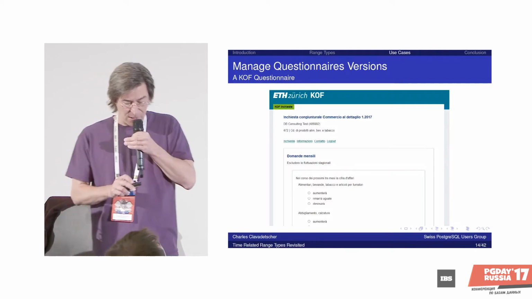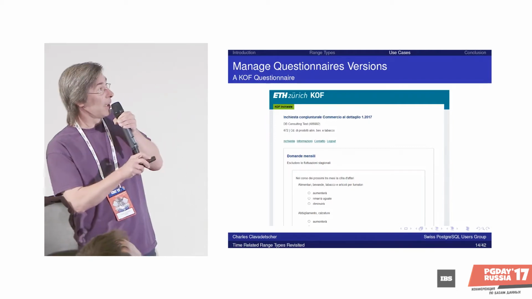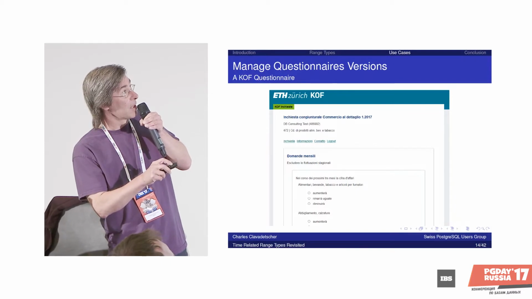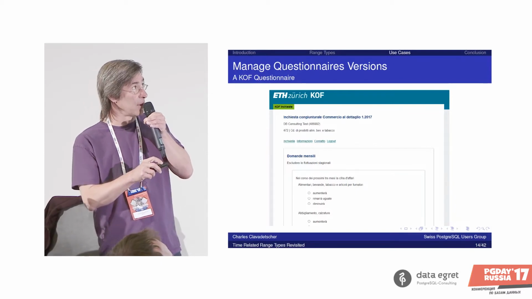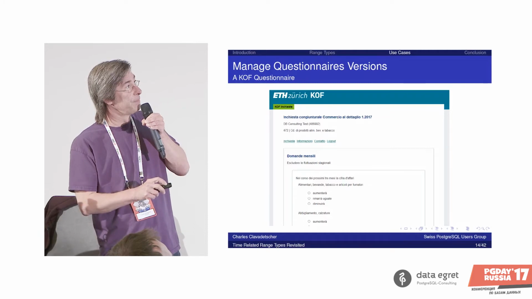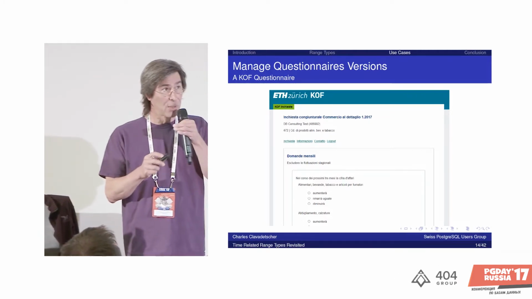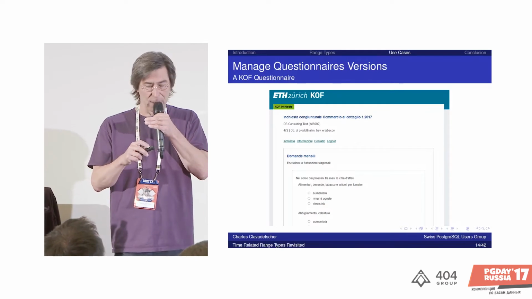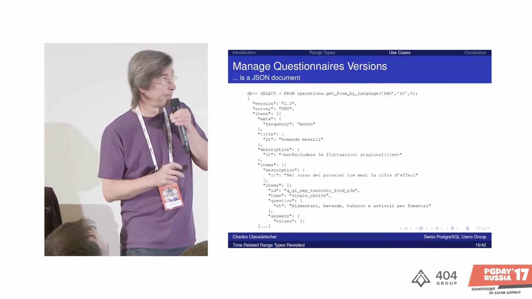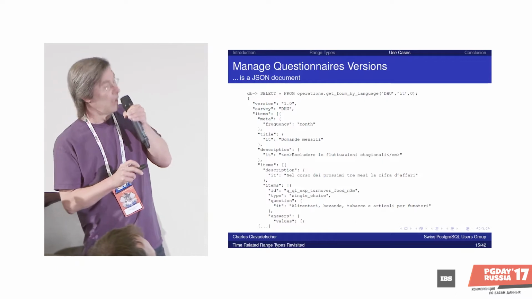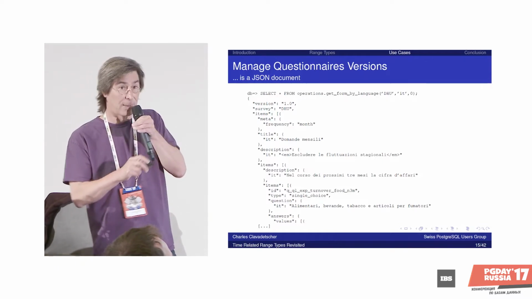Now, the online questionnaires look like this. This is a retailer survey with some questions in it. And what we have here is this questionnaire, actually in our database, being a document, ends up being a JSON, right? So this is how it looks in our database.